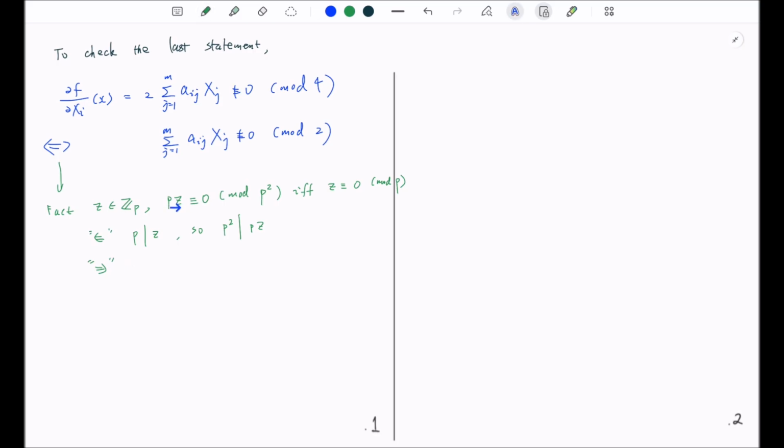If p times z is congruent to 0 modulo p squared, then by p-adic factorization, we have this equal to p squared times some z prime, for some z prime in Zp. But this equation, as an equation in Zp, will allow us to cancel p from both sides.